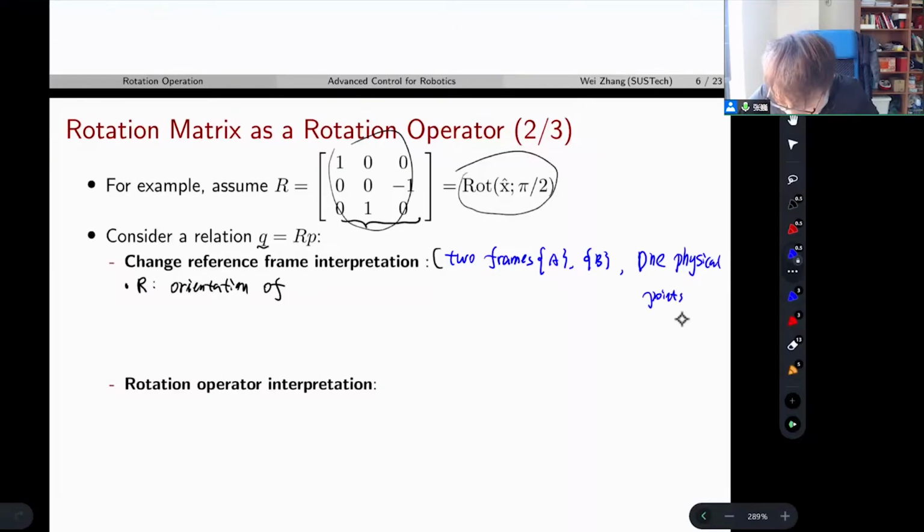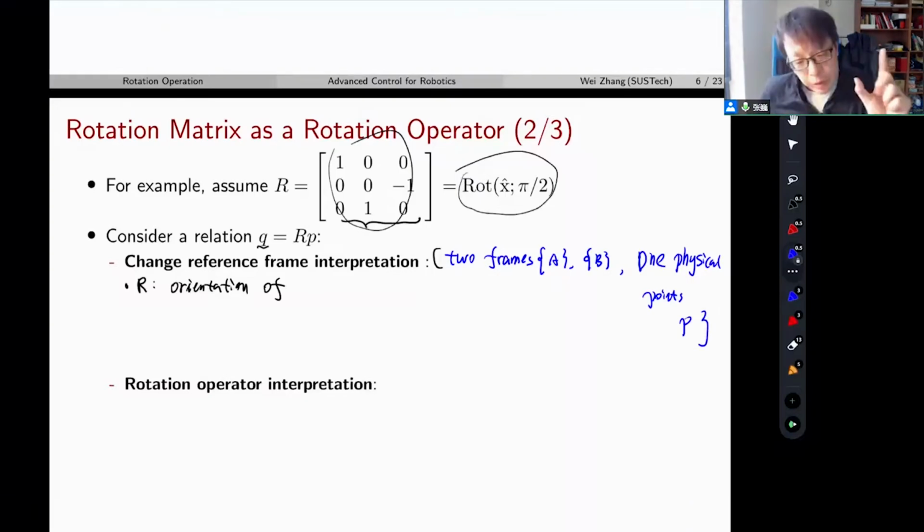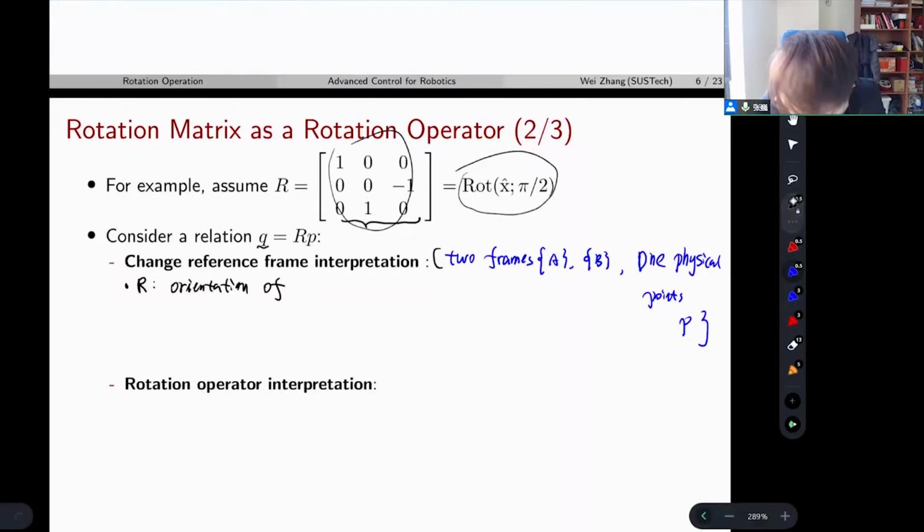Let's call that P. So change of reference frame is that for one physical quantity, either a vector or a point, its coordinates in two different frames are related by this relation. There are two frames, one point. In this case, let's say R can be viewed as the orientation of B relative to A.